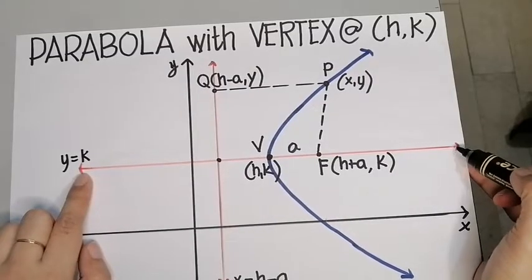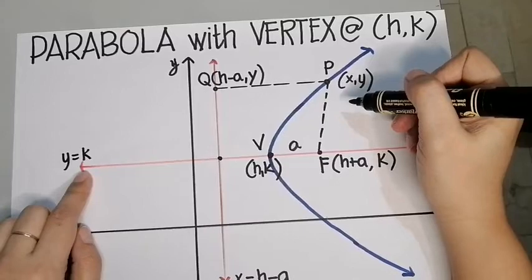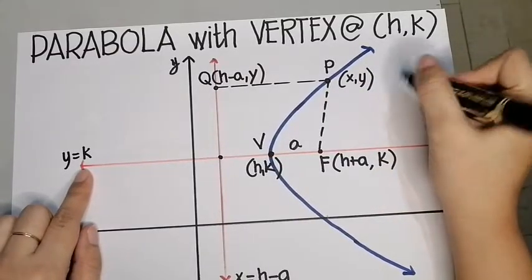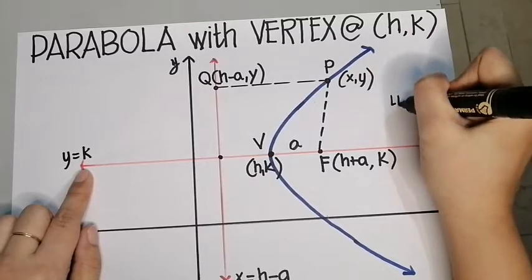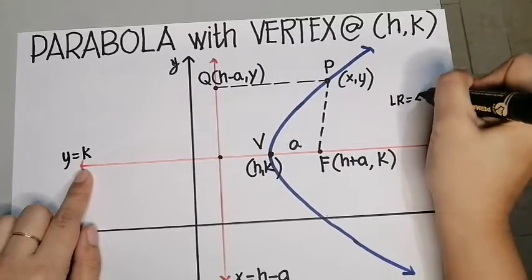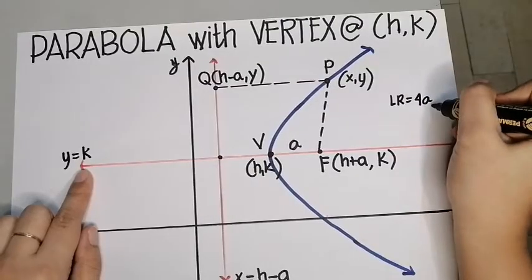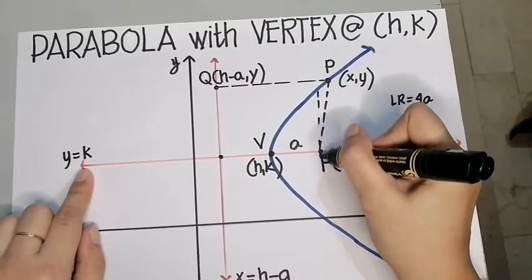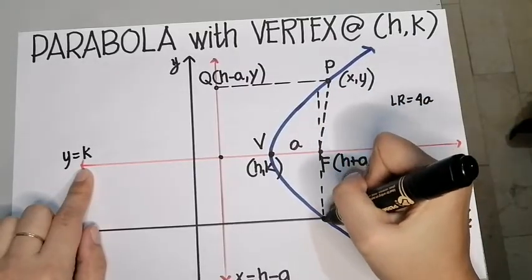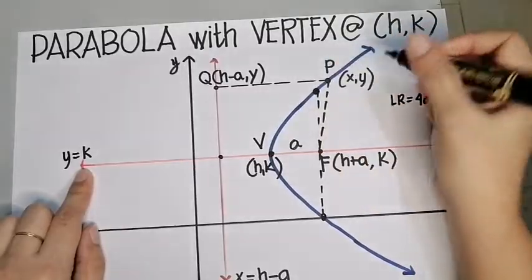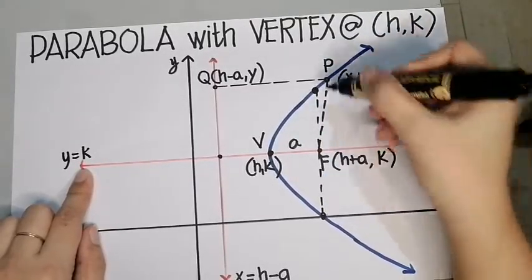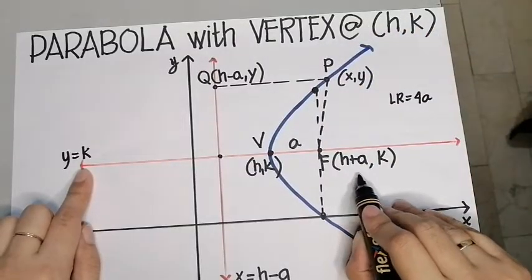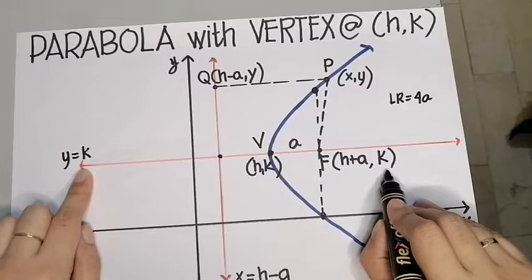Then another element of the parabola is the latus rectum. Take note that, as we discussed last time, the length of the latus rectum is equal to 4 times its focal distance. So let's say we have this latus rectum for this figure. We have the ends of the latus rectum, and the length is 4a. So what would be the coordinates of this point, considering that the focus has coordinates (h plus a, k)?